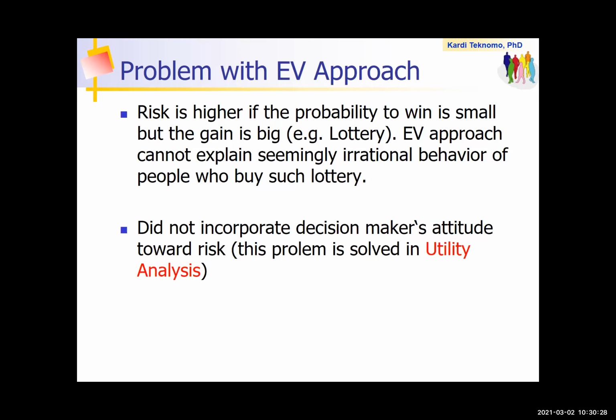So with this approach, people show irrational behavior. Why do they still buy lottery, even though if you calculate EV, it is irrational to buy lottery? This kind of irrational behavior is solved later in utility analysis.